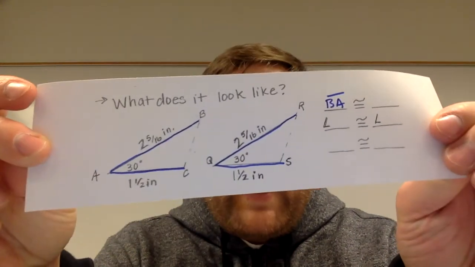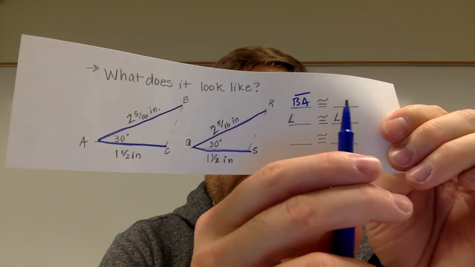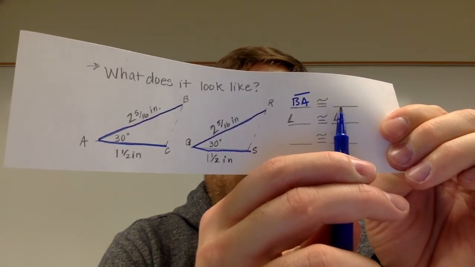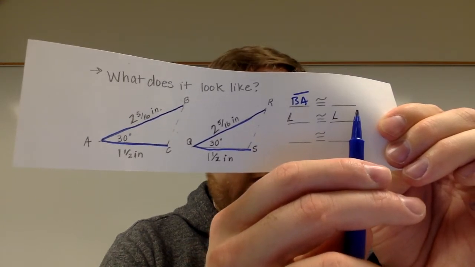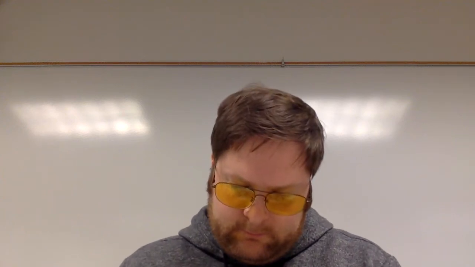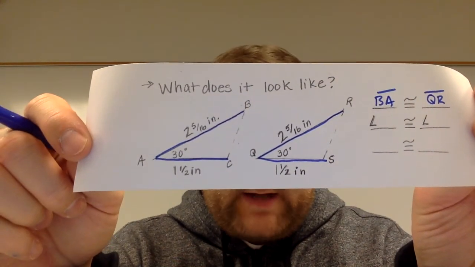I want you to now write next to BA what side on the second triangle corresponds to that. If you wrote QR or RQ, you would be correct.